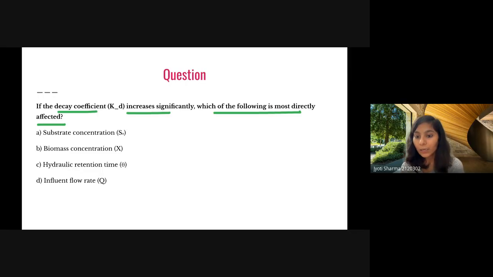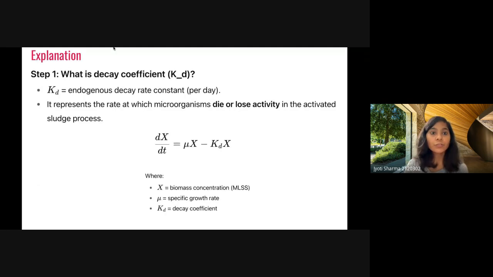Okay, so Dia gave me B option and Priscilla also gave me B option. So yes, B option is the right one because we are talking about microorganism, and this decay coefficient is for the microorganism only. So B will be the right option. I think I have an explanation also.